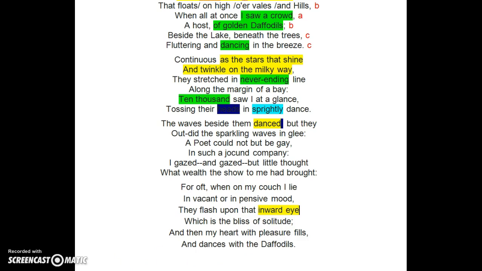The speaking voice of the poem is a lonely poet. We know that the speaker is a poet because he tells us, also in line 15, here it is. He speaks in the third person, but we know he's talking about himself.